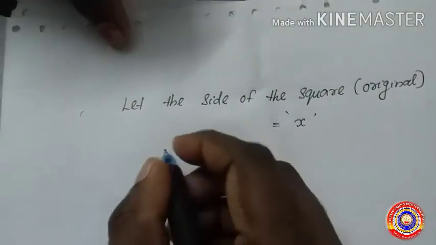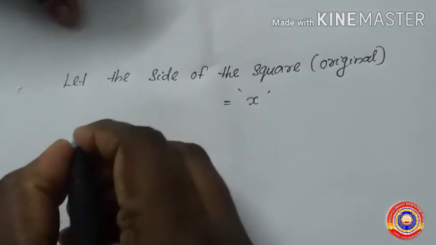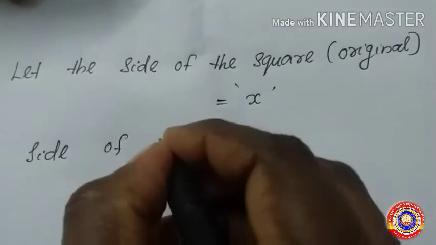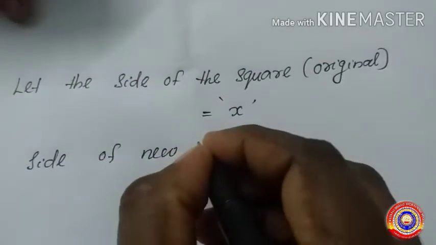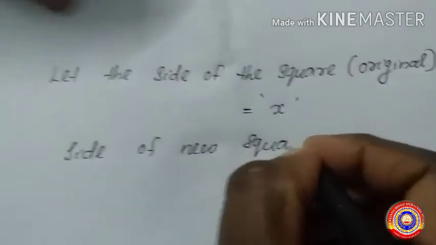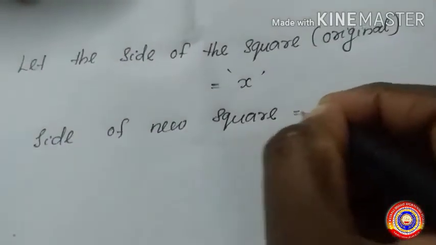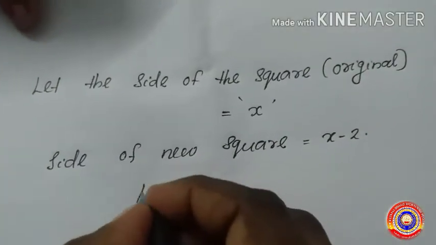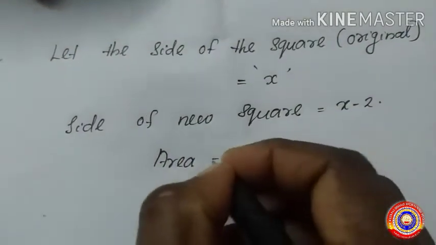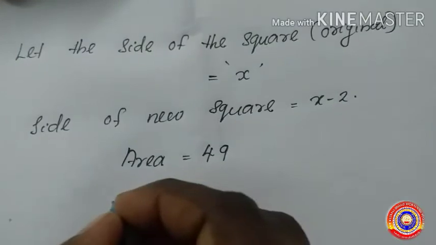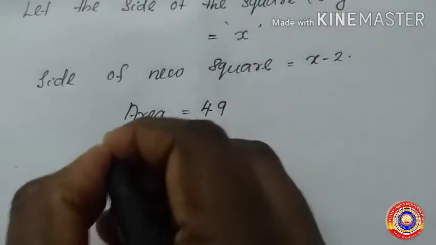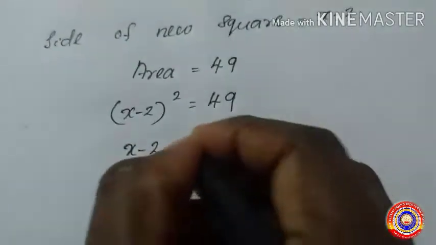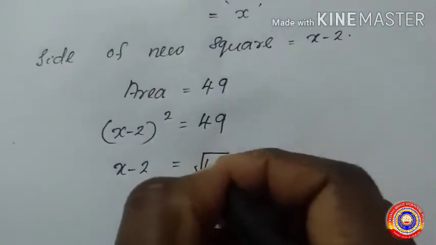Now the length of the side of the new square is equal to x minus 2. When each side of a square was reduced by 2 meters, the area became 49 square meters. So x minus 2 the whole square equal to 49, x minus 2 equal to root 49.